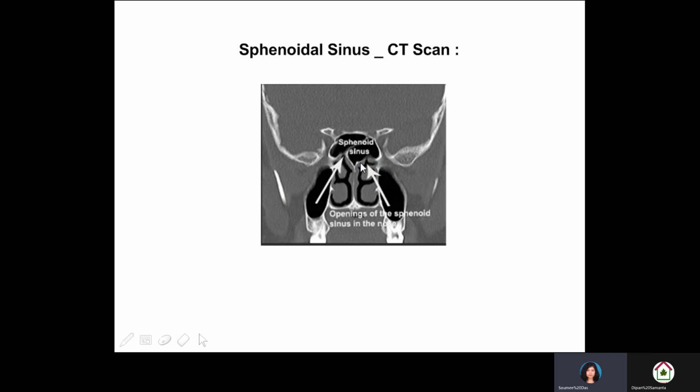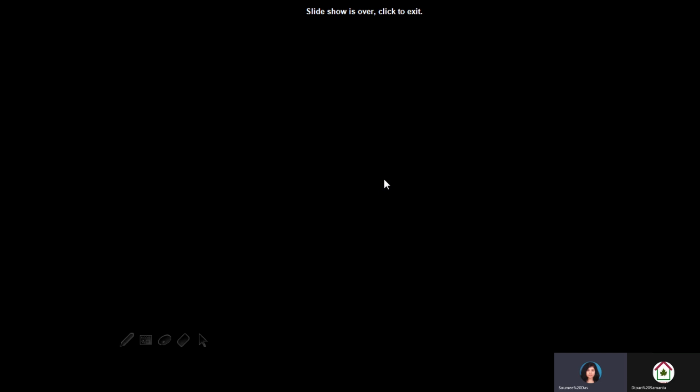These are the sphenoidal sinuses. These are different views of different sinuses, to have a closer look at the different sinuses and the related pathologies. So this is all about the anatomy of the nose.